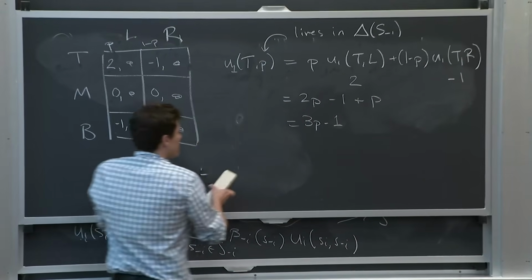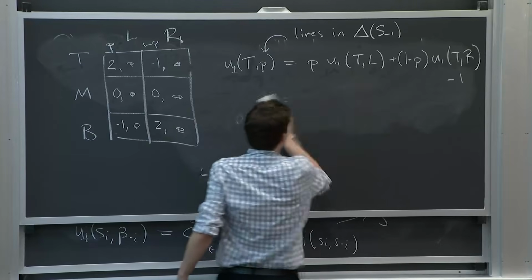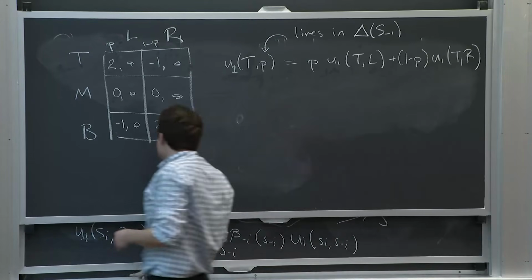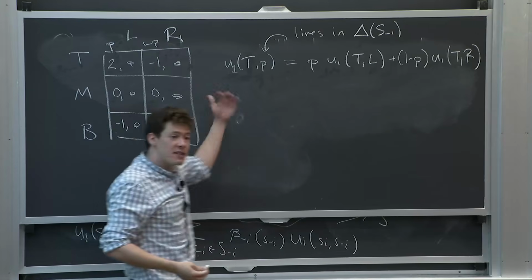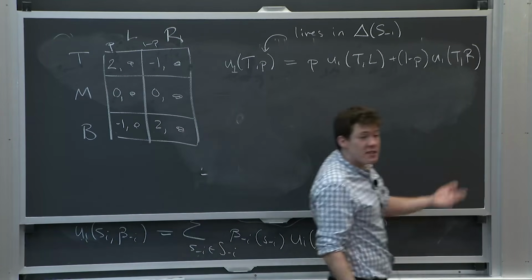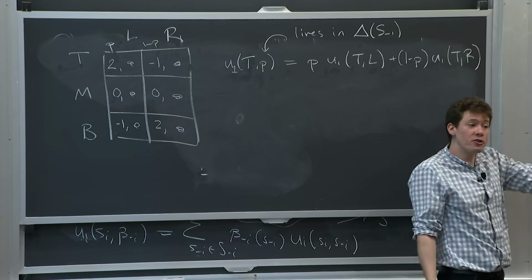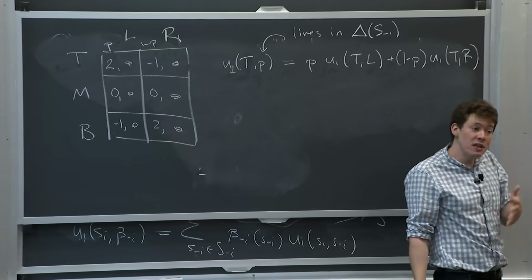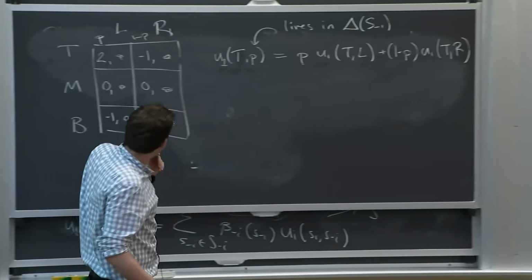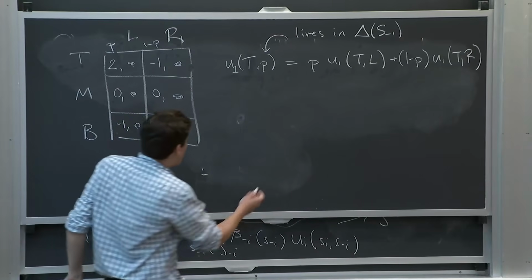And let me actually just erase this to give myself a bit more space. So let's try to understand best responses in this game. Best responses to what? Well, best responses for player 1 to player 1's belief about player 2's strategy. So what we want to do is we're going to draw some payoffs here.